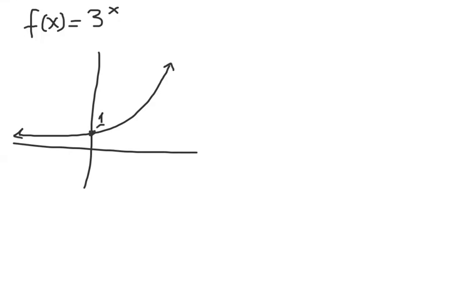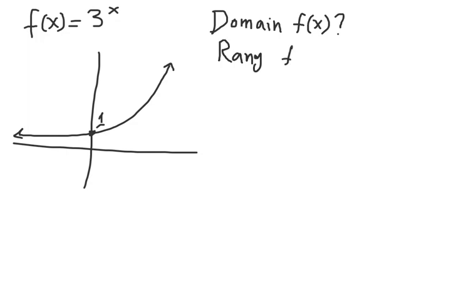So the question is, what's the domain for the function f of x, and what's the range also? What is the domain for the function f of x and the range? Who will give me the answer?